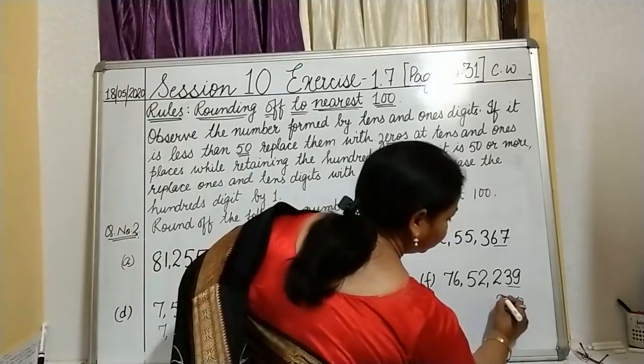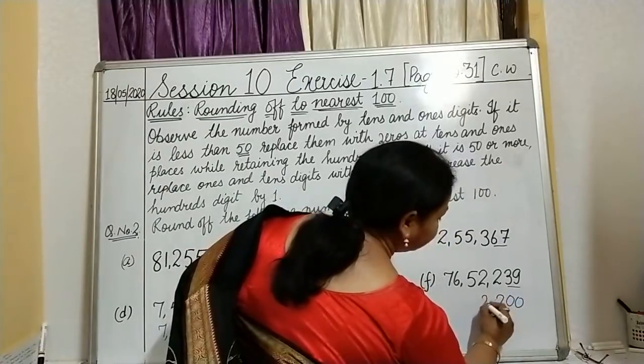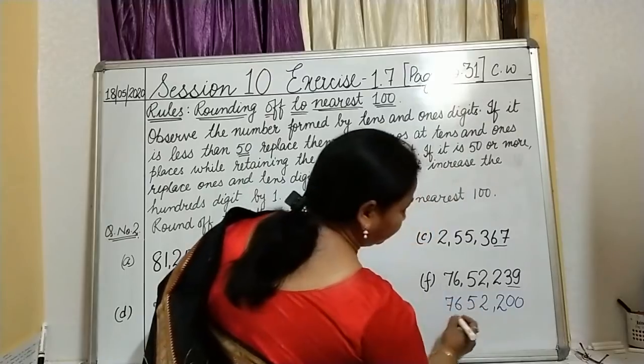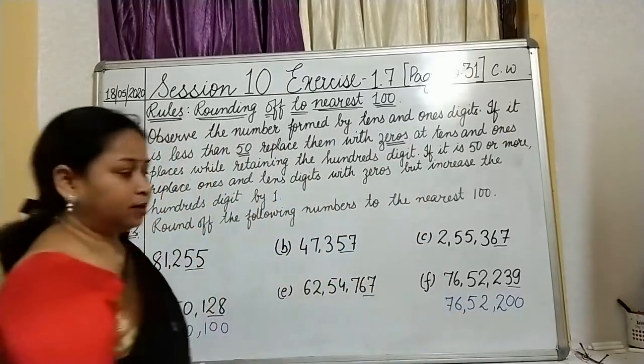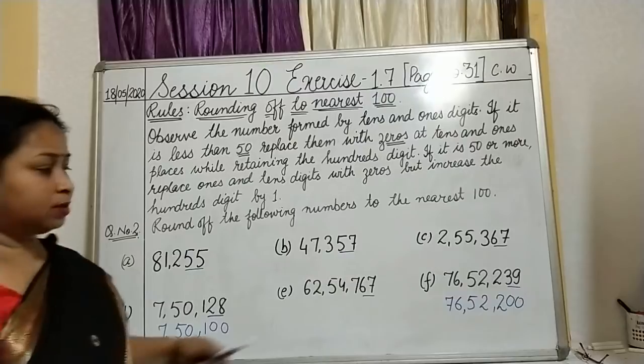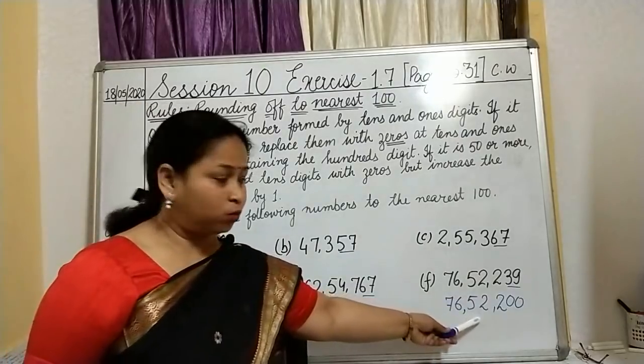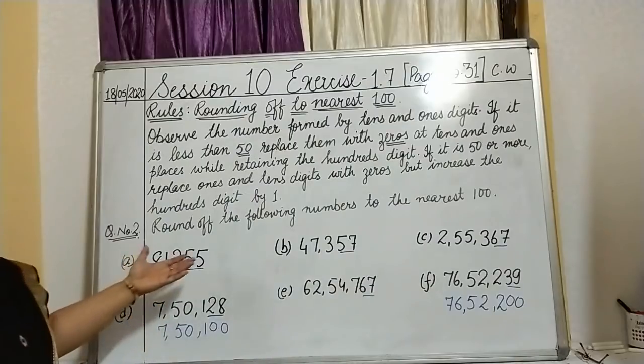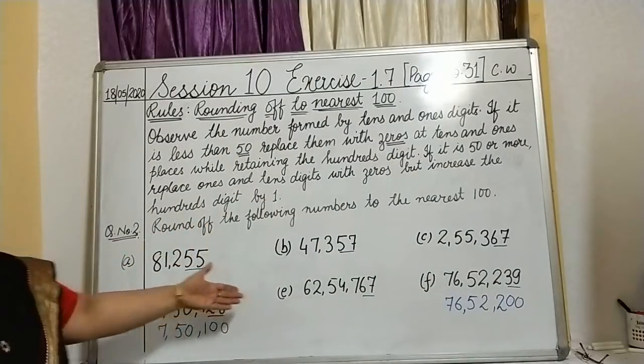Okay, so it will remain as it is, and the leftover digits will be same. Right. So the answer is 76,52,200.